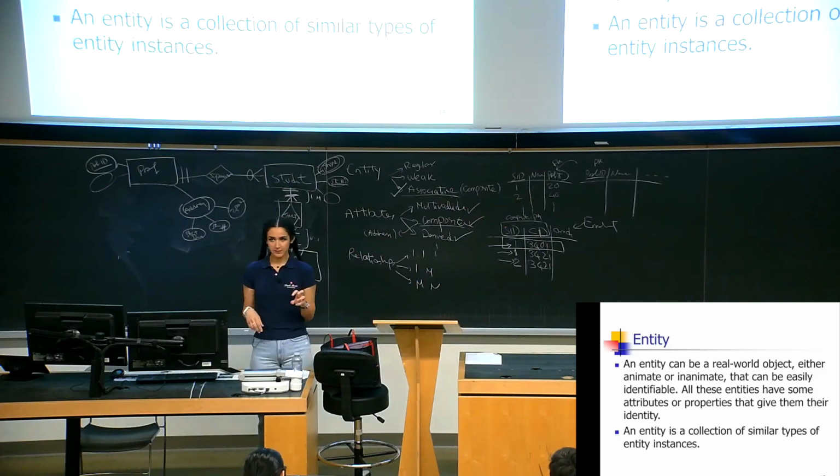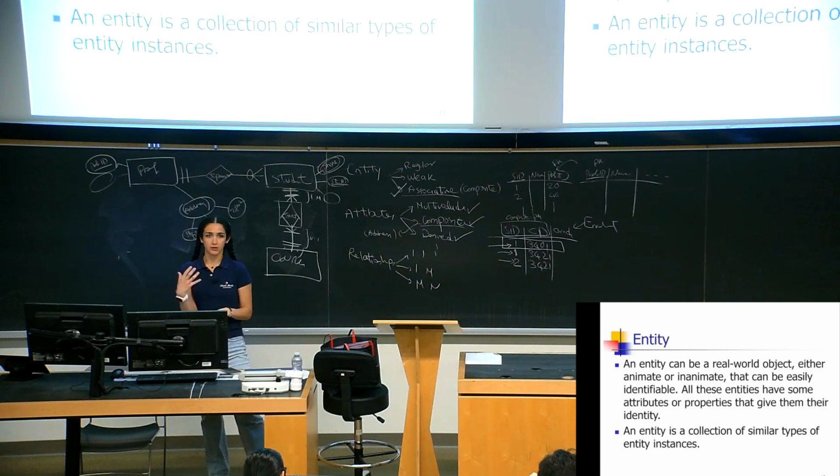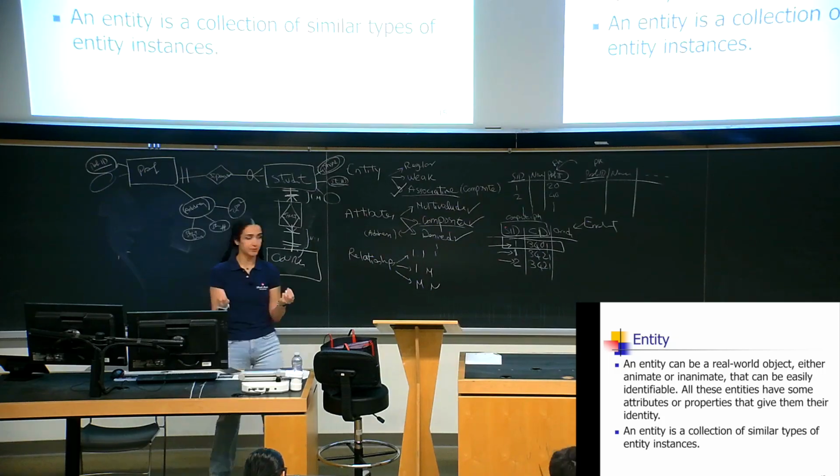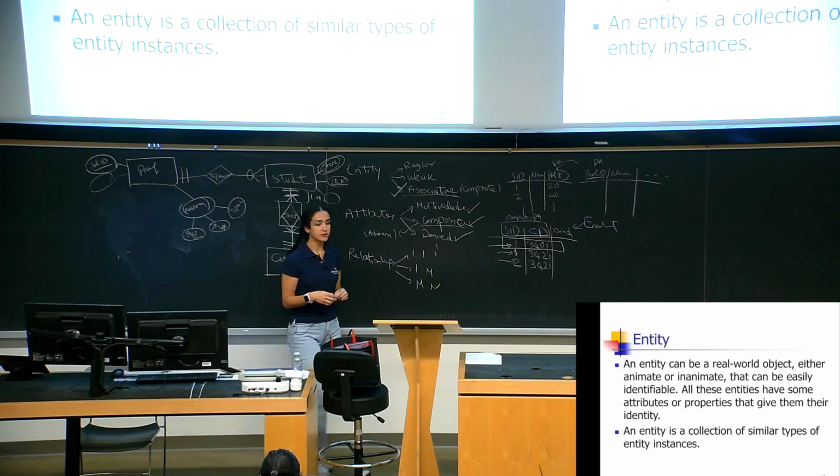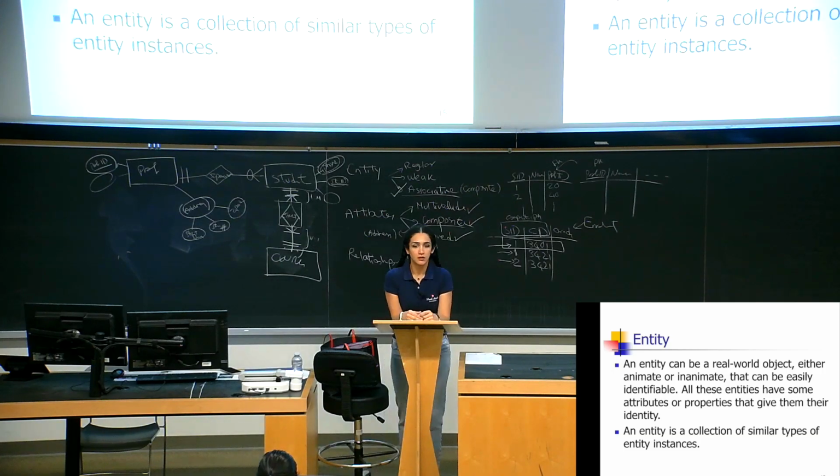So I'm briefly explaining that, but I don't want to overwhelm you with different types. I just want you to learn these things in the examples. But for now, a weak entity is an entity that doesn't have a unique attribute of its own, or it doesn't have its own primary key. That is one condition.